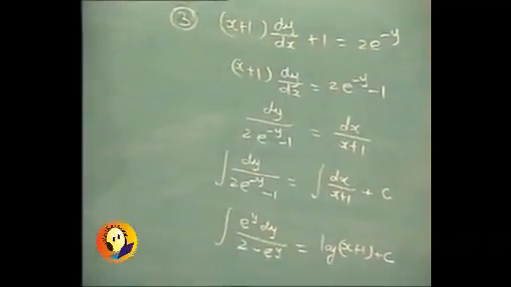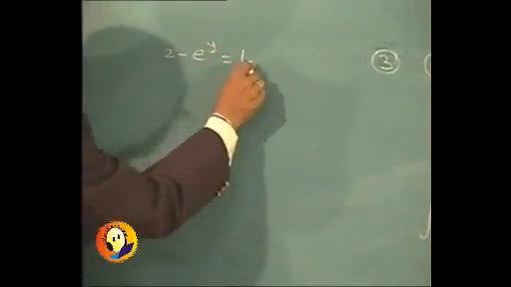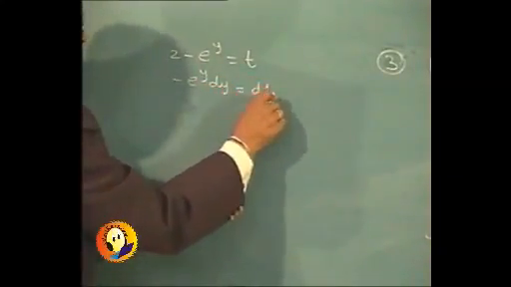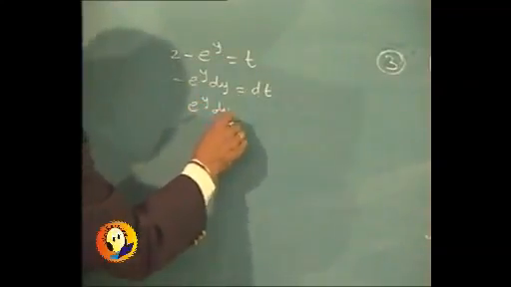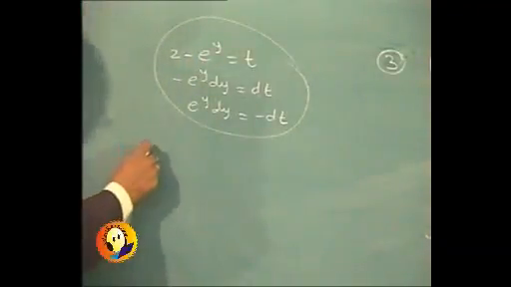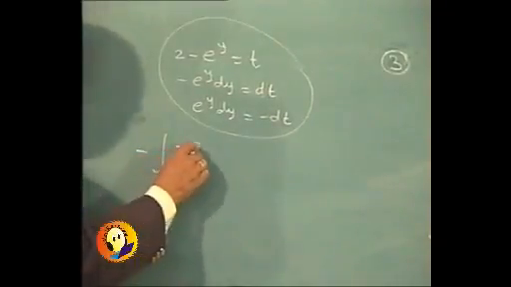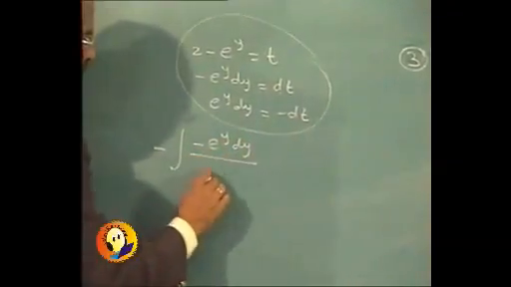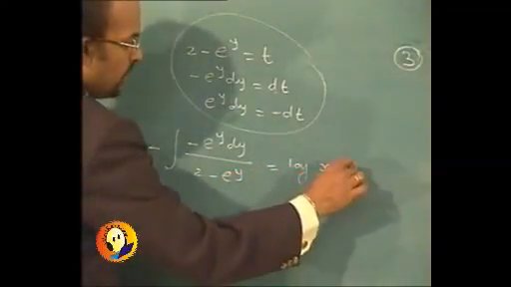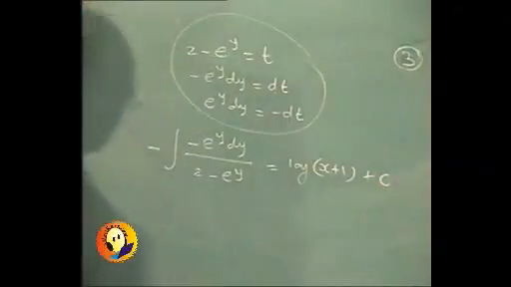And so in the left hand side we can see that if the denominator, that is 2 minus e raised to y, is assumed as t, then minus e raised to y dy will be dt, that is e raised to y dy can be written as minus dt. So if we simply adjust the minus sign in the left hand side, that is we write it as minus of (minus e raised to y dy) upon (2 minus e raised to y) equal to log of (x plus 1) plus constant c.